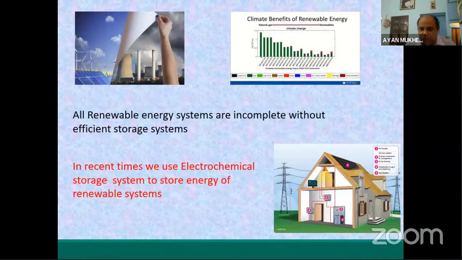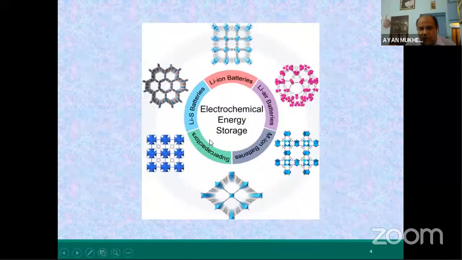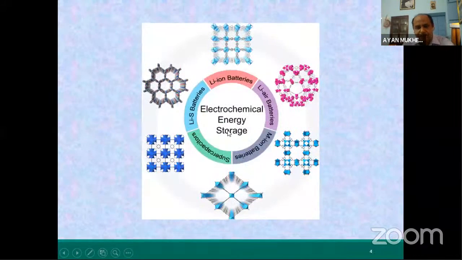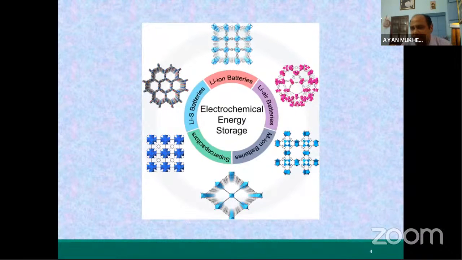In recent times, we are using different electrochemical storage systems to store renewable energy. Electrochemical energy storage systems use chemical reactions or processes to store energy and use it. There are different types, such as lithium sulfur batteries, lithium ion batteries, lithium air batteries, or different metal ion batteries, and supercapacitors.